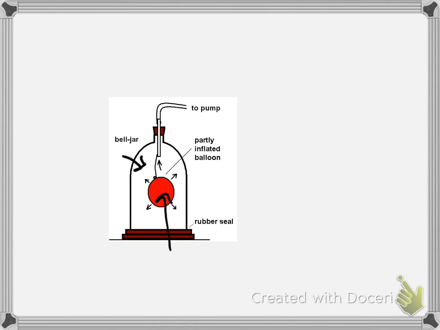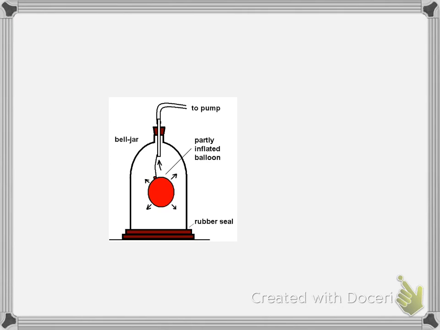So in order for that to happen, the air pressure inside the balloon decreases and the volume actually increases, and when the volume increases in the balloon, that's as it grows and becomes bigger.